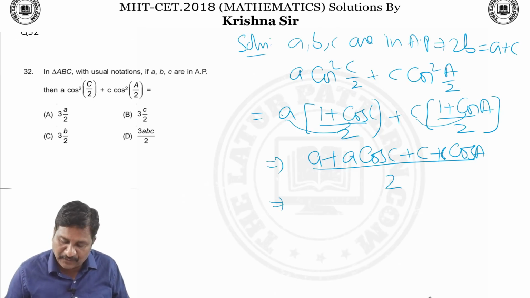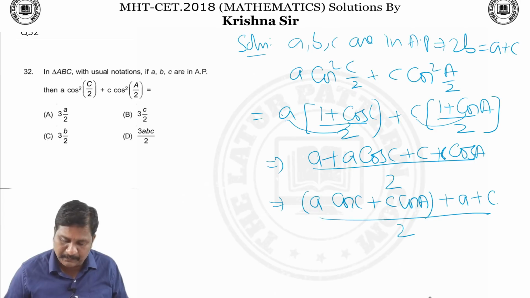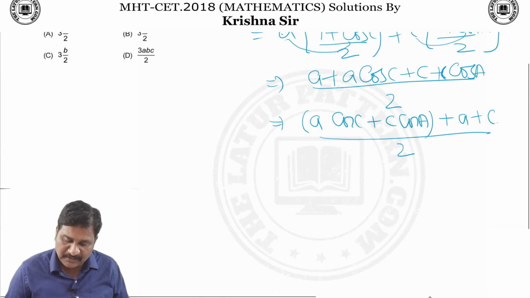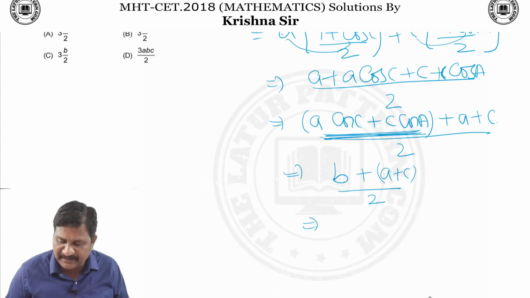Now by the well-known formula, A cos C plus C cos A, you take as one term, the remaining A and also C will be there, upon 2. You know this formula: A cos C plus C cos A gives B, plus (A plus C) upon 2, and by the given condition of AP, A plus C is equal to 2B upon 2.